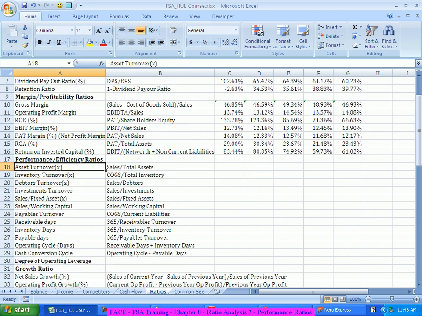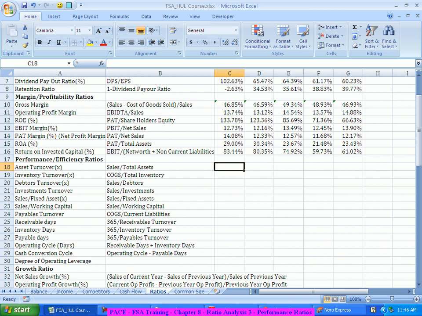So we are looking at different kinds of assets, how well the assets are used to generate the sales. One such ratio is sales to total assets, which will tell me for every 1 rupee that I have, see when I say ROA, for every 1 rupee I have invested in the asset, how much profit did I make? Whereas if I say how much sales did I make, that becomes a performance ratio.